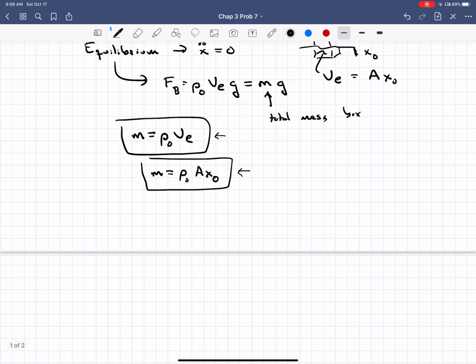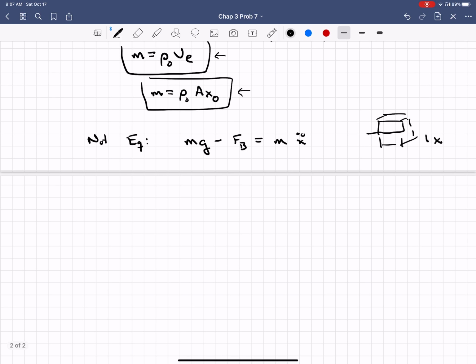So mg minus the force of the buoyancy is equal to m x double dot. However far the box is down in the water, I'm just going to call this distance x. So x is now the non-equilibrium distance at which I'm down in the water.